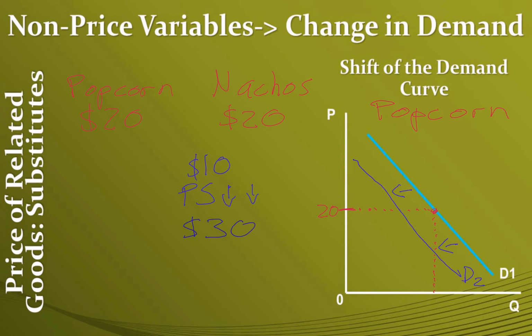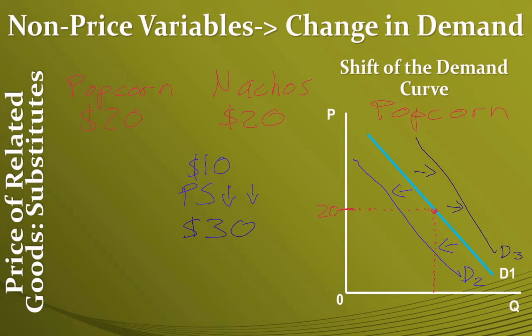What we know is that the price of nachos changed and that they are a substitute to popcorn. Therefore, what happens with popcorn is that the demand curve for popcorn moves to the right. The demand for popcorn increases.